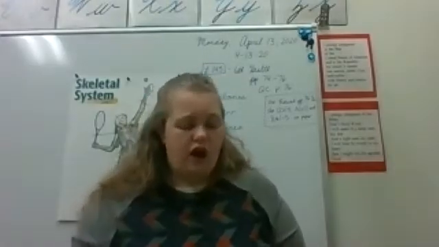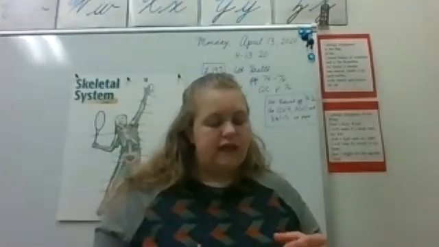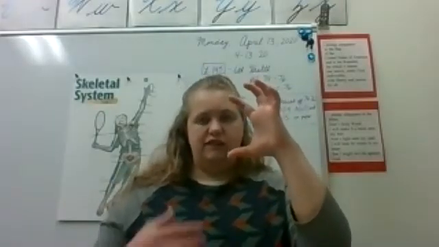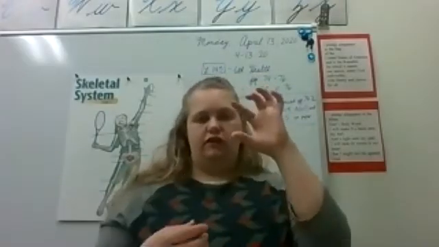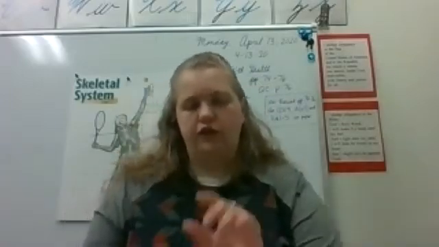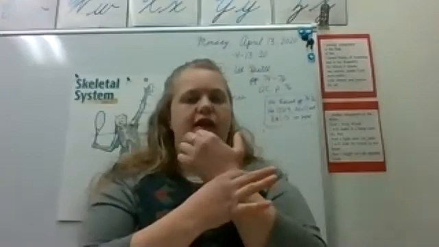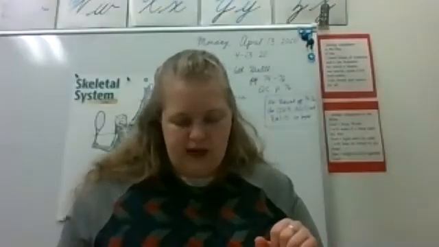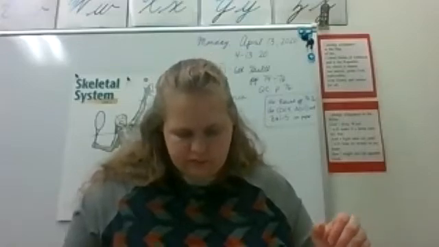Short bones are usually nearly equal in length and width. So they're going to be the same distance this way, same distance this way. They're going to be small. And you see the carpal, your wrist bone. It's like that. Your wrist bone is a short bone, okay? And your ankle as well.